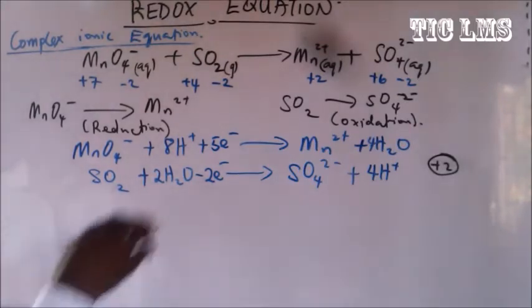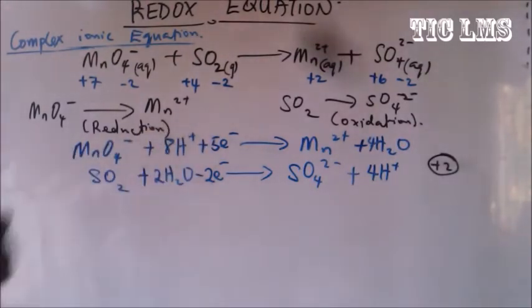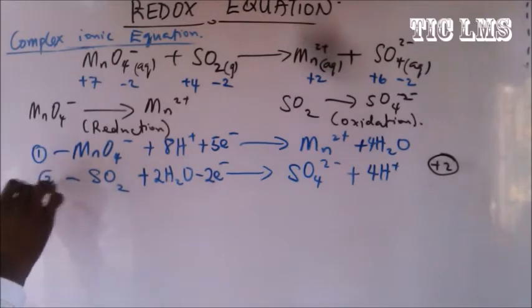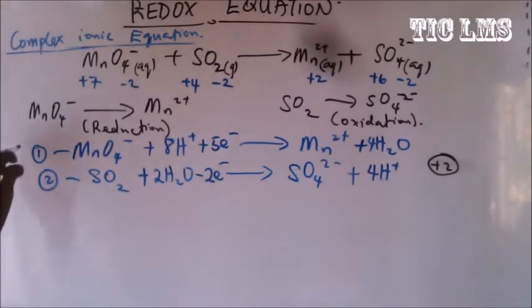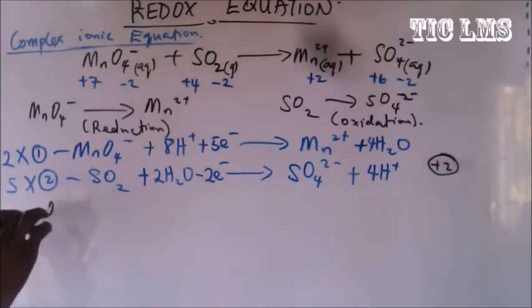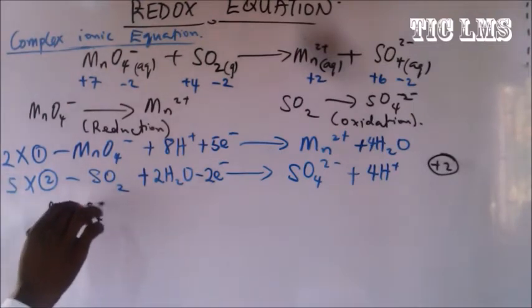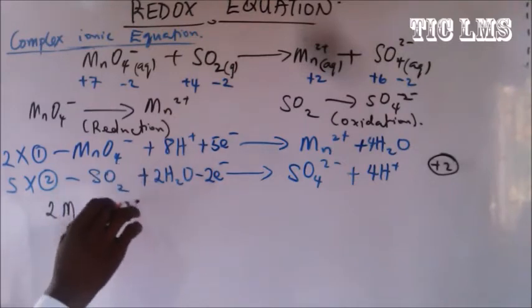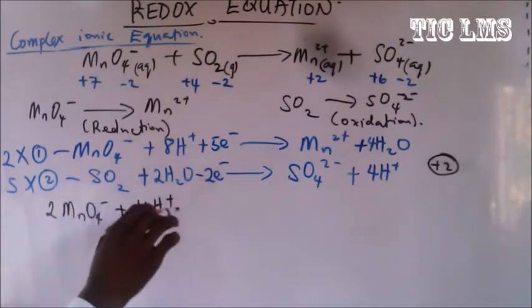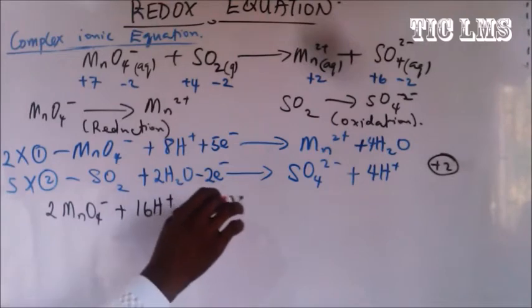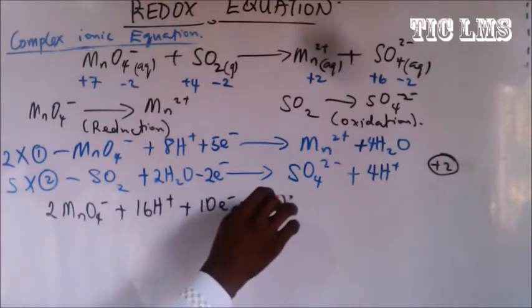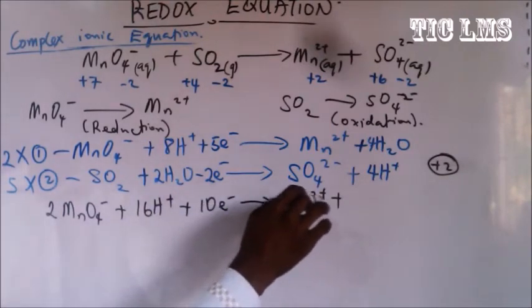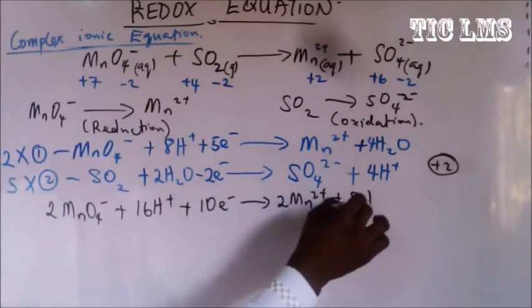Next, we need to balance the electron on this equation 1 and this equation 2. And that can be done by multiplying the equation 1 by 2 and multiplying equation 2 by 5. When we do that, we would end up having 2MnO4 minus plus 16H plus plus 10e minus, and then 2Mn2 plus plus 2 times 4, that's 8H2O.